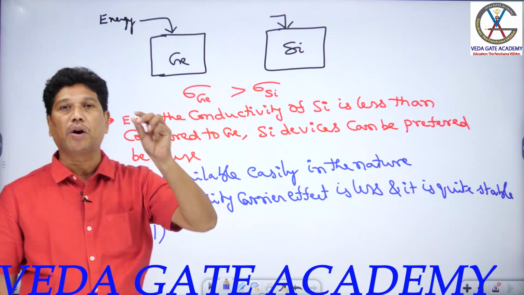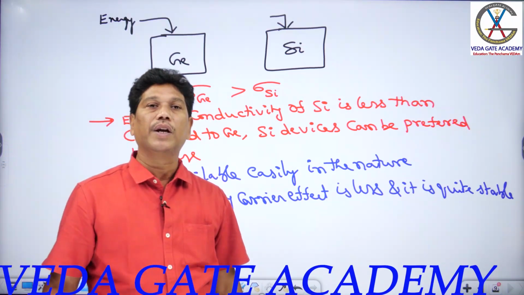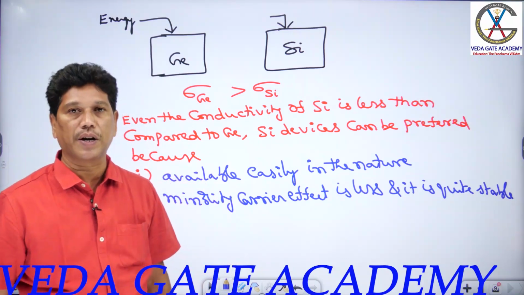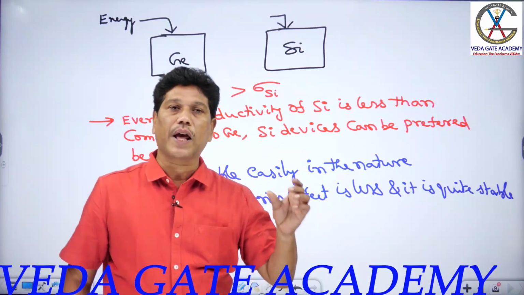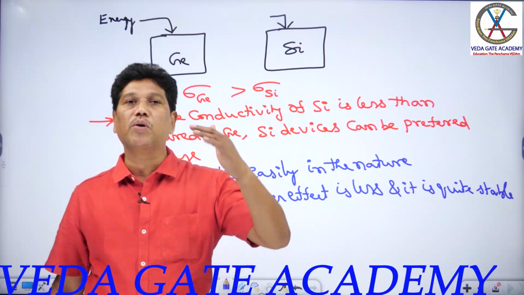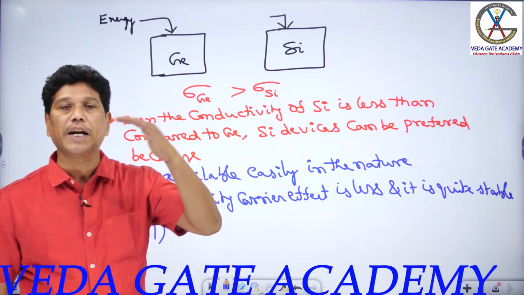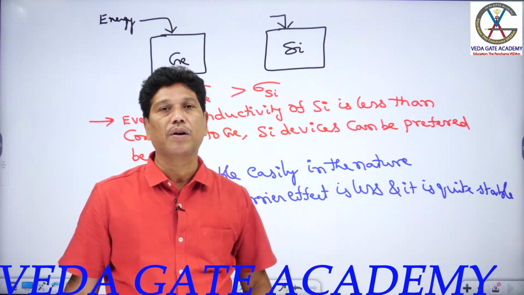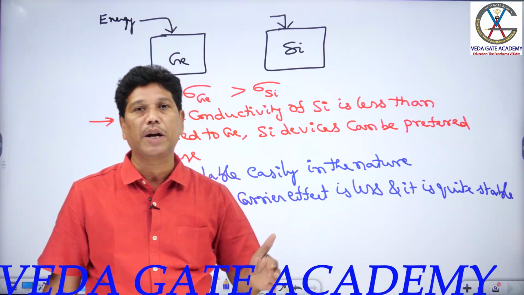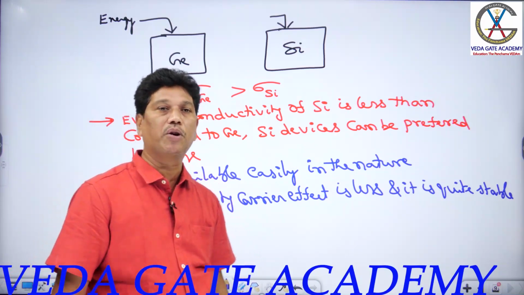A silicon body can maintain its characteristics or properties even at high temperature up to 200 degrees centigrade, whereas a germanium body can maintain its properties only up to 85 degrees centigrade. So silicon is preferable even at high temperature. I can prove that later in the effect of temperature on extrinsic semiconductors of N-type and P-type.